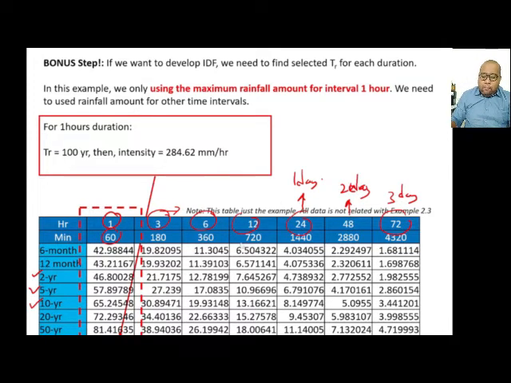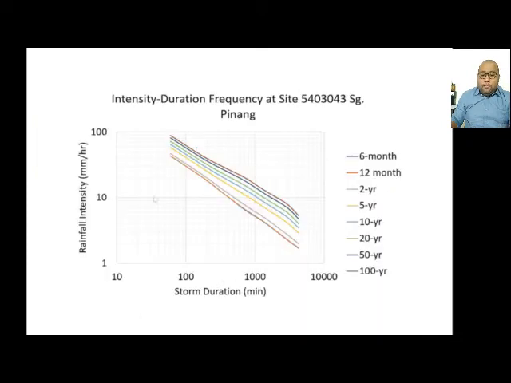After you complete this table, this is the truth of the moment. You will get the IDF curve that you calculated on your own, starting from the return period of 6 months until 100 years. This is your TR, your return period, and the y-axis is the rainfall intensity in millimeters per hour.